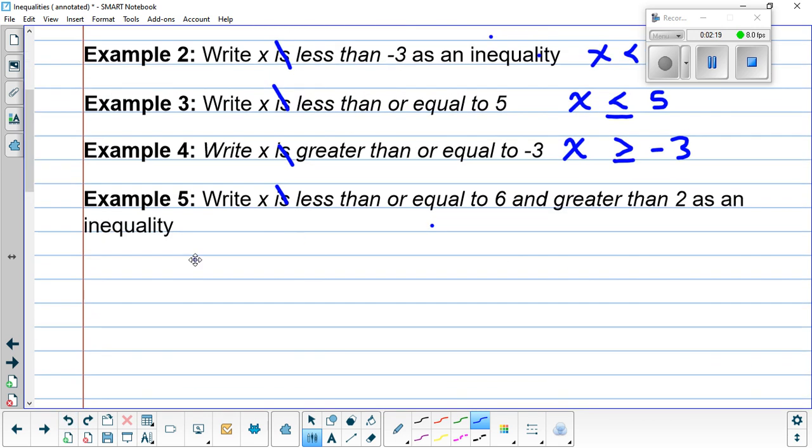Try this again. Here x is less than or equal to 6. Oh, but it's greater than 2. So greater than 2, that's greater than that way, and then 2.